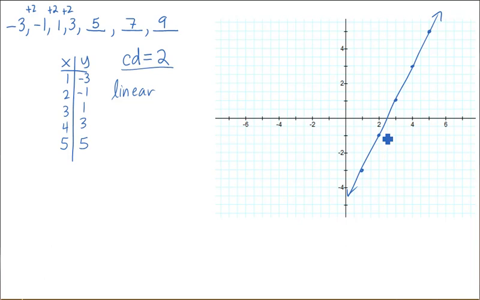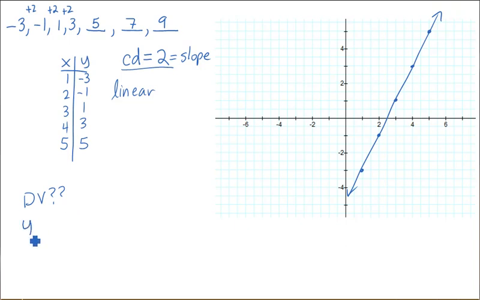You can check that without graphing as well. In our last one, we learned that the constant difference was also equal to the slope. Now if we want to check whether this is direct variation or not, we can use the direct variation equation. What is the equation for direct variation?